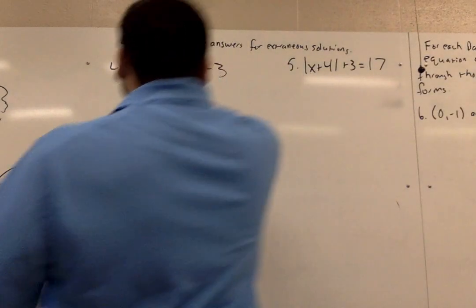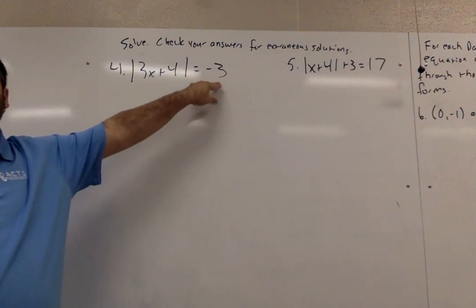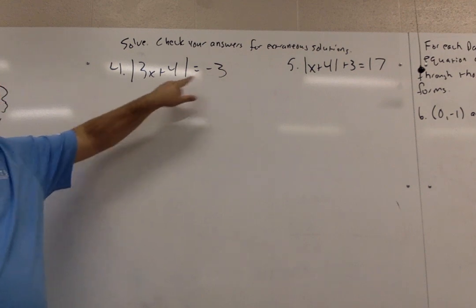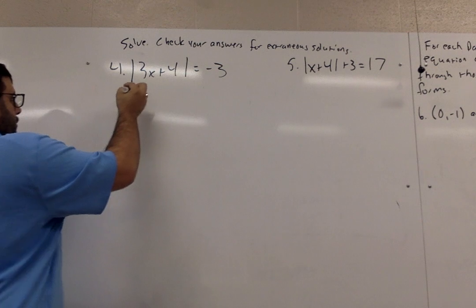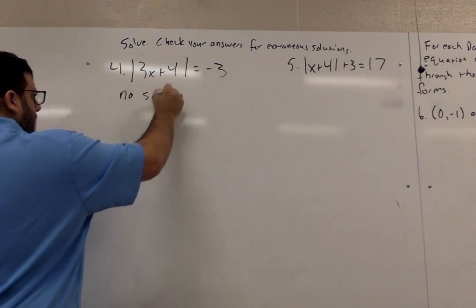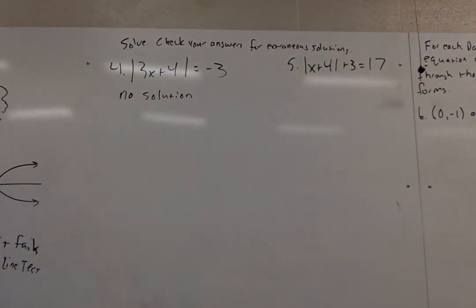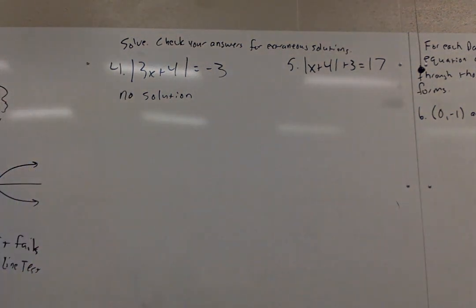So, is the absolute value of this ever going to equal a negative number? No. So do I have a solution for this problem? No. Okay? So you may end up with a problem on the test where your answer is that there's no solution. You have to be careful with what's on the other side of that negative sign.